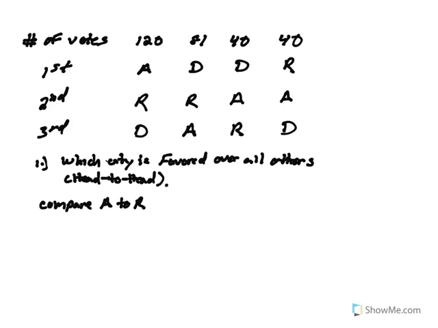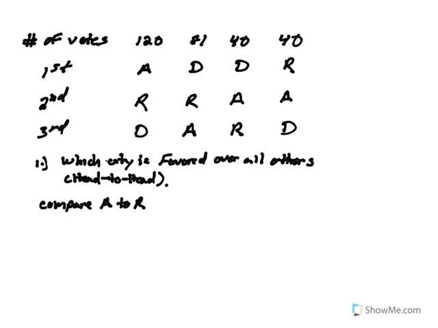And when we look at these tables, for each column we want to pick which city is over the other. A is over R. So we're comparing all the A's and R's for each column.